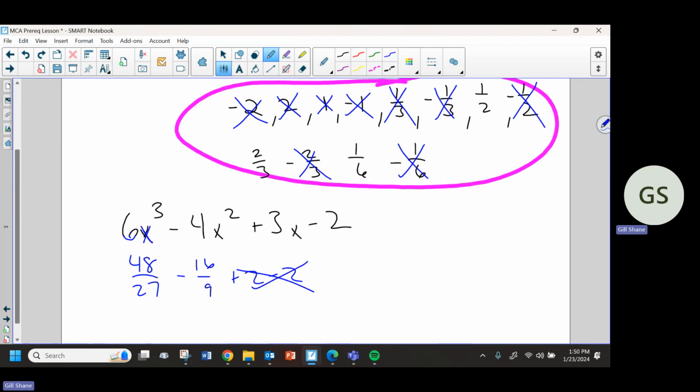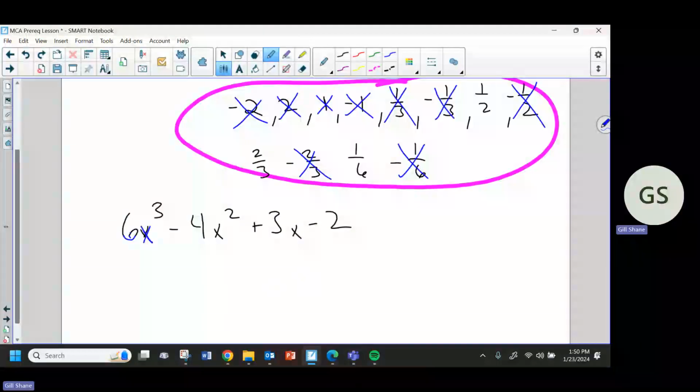Did anybody do 1/6? Yeah, let's try 1/6 because we've done all the other ones. I didn't really do 1/2, but I'm pretty sure. Well, yeah, we did. We had 6/8. Subtract 1, so that would be -2/8. -2/8 plus 3/2. Oh, wait, hold on. That would be times 4.